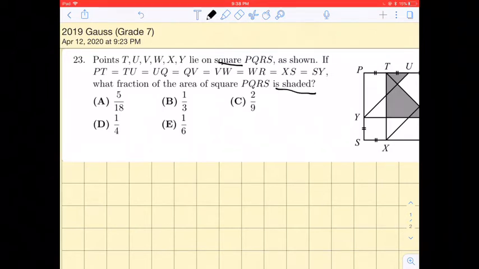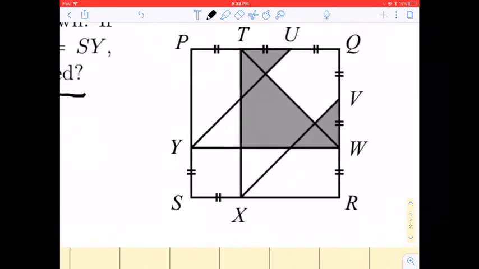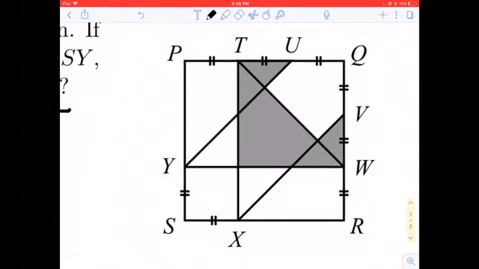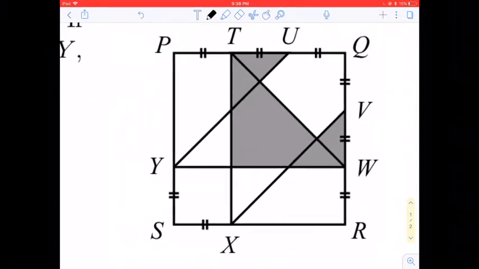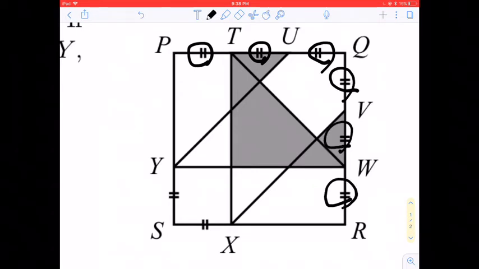So we're looking for the shaded area of the square over the total area of the square. If we look on the right, there's a diagram provided, so it makes it easier to see. We can see that all of these small line segments like PT, TU, and so on are all equal. So there are 3 equal line segments on both the horizontal side and the vertical side of the square.